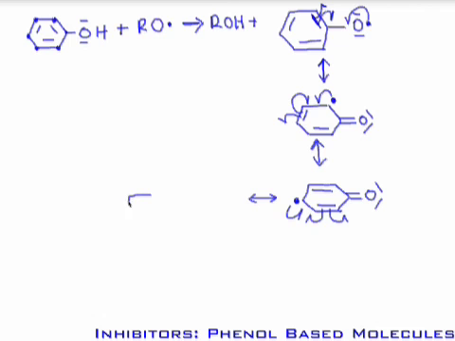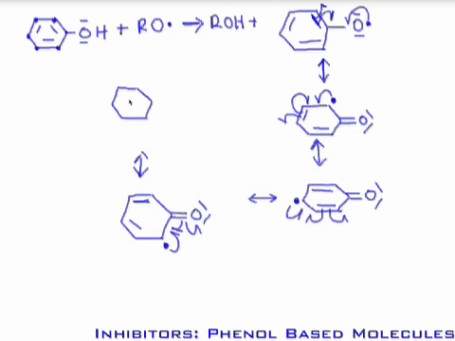So if I continue with this, draw a larger one. When I'm finished moving this right around the ring, I'm back to an O dot.